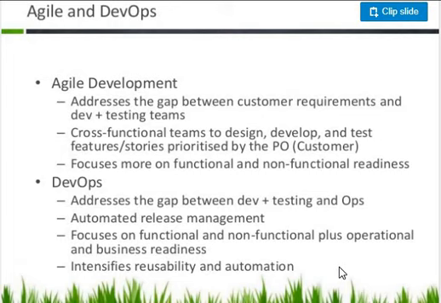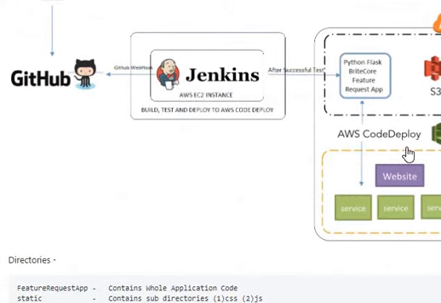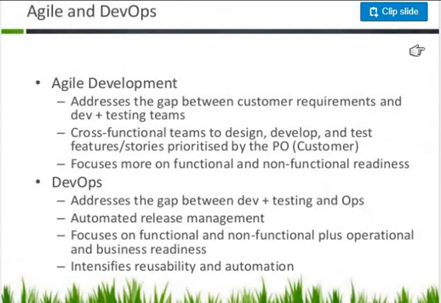Next comes DevOps, which addresses the gap between the dev plus testing teams and operations, right? It will automate the release management, as in the example we have seen. The focus is on the functional and non-functional requirements plus operational and business readiness. Operational and business readiness means you are applying the change into the code.